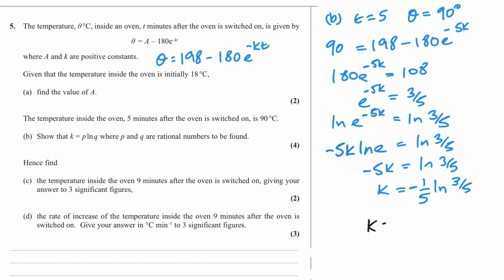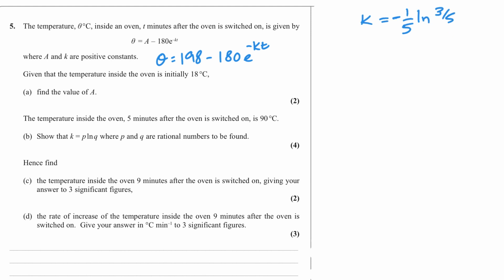Now you could write k as 1/5 ln 5 over 3 as an alternative, but I'm not going to, since there's a minus k in the formula. So I'm going to leave that to take care of the negative in this part.